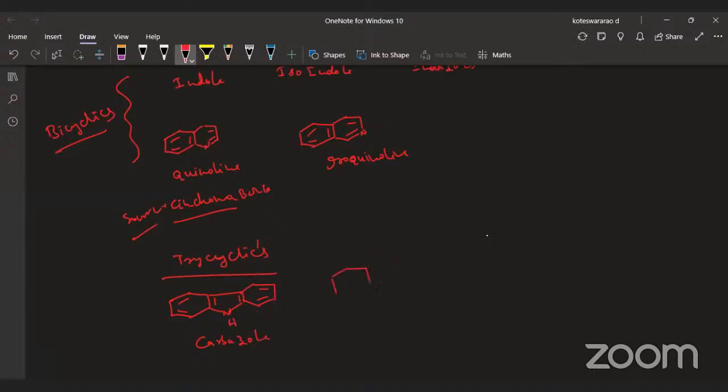If it is not the five-member ring but you include the six-member ring with two nitrogens, two heteroatoms, like this, this is phenazine. So many compounds are there.